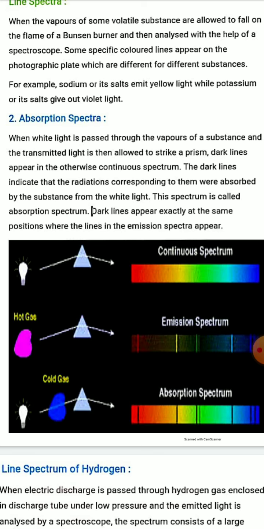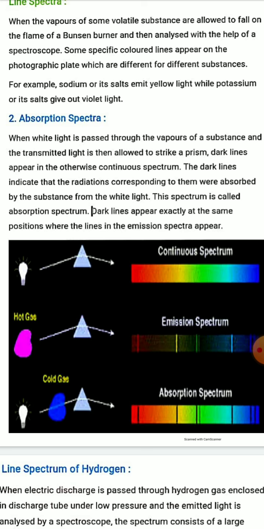So when white light is passed directly through a prism, you will get a continuous spectrum, which is also an emission spectrum. But when you pass white light through a gas, or through the vapor of a substance, or through a transparent liquid, you will get an absorption spectrum. In this spectrum, you will see some dark lines in a continuous spectrum.